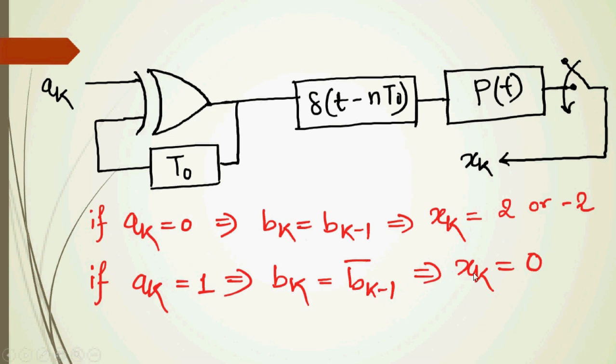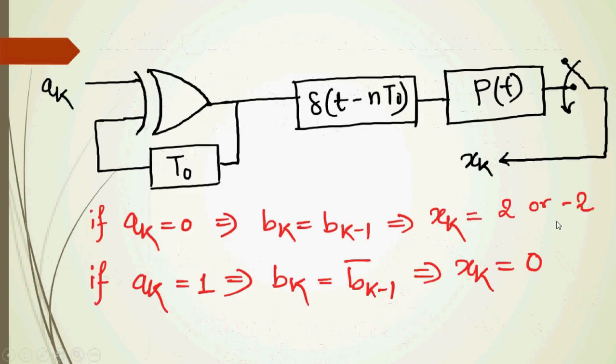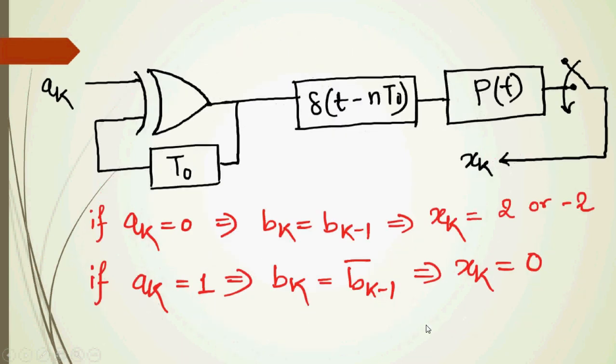Suppose the previous one is 0 and the next bit is 1, so 0 1 will constitute the sample value 0 due to the specific pulse shape. So you have a one-to-one relationship: for 2 and -2 your data is 0, and for 0 your data is 1. So there is no ambiguity for the transition. This solves the problem of error propagation.